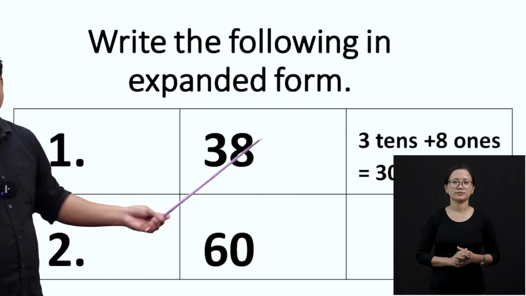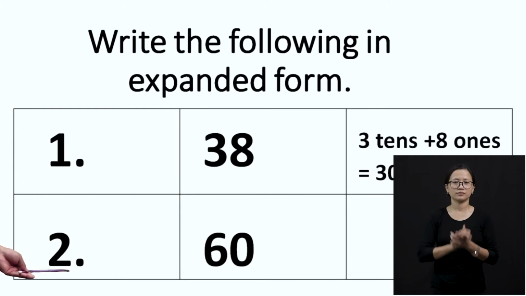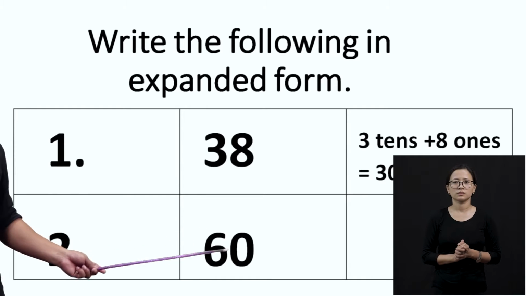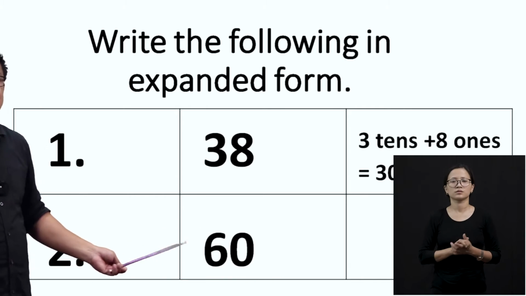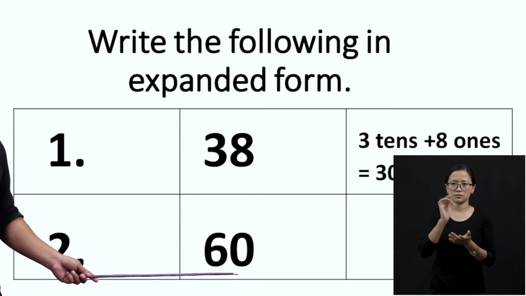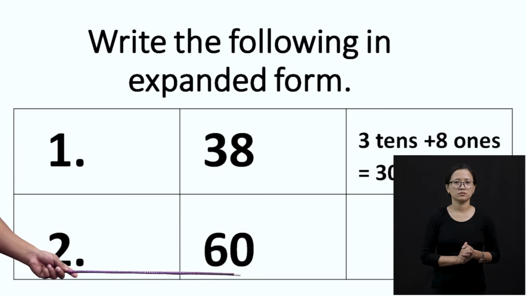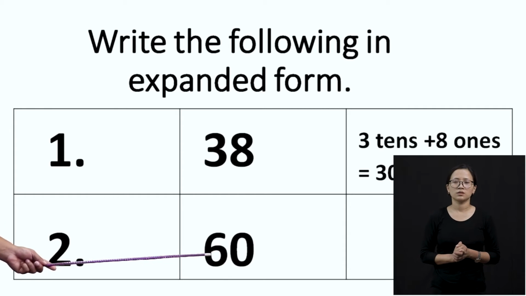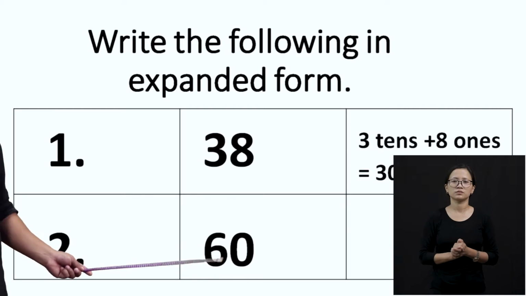In the next example, number 2, we have 60, which is read as 60. Let us identify the place values for this. 0 is in ones place, since it is on the right. Number 6 is at tens place.